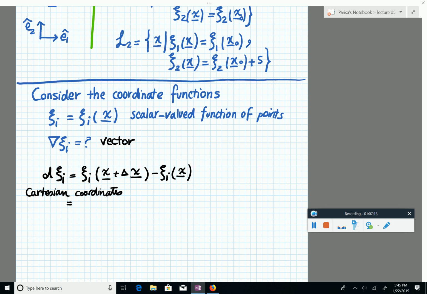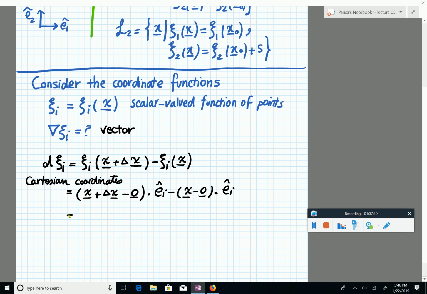So I do exactly that. And you can see that some of the terms will cancel out, and this will be just that.